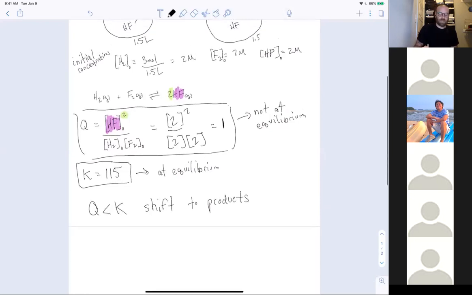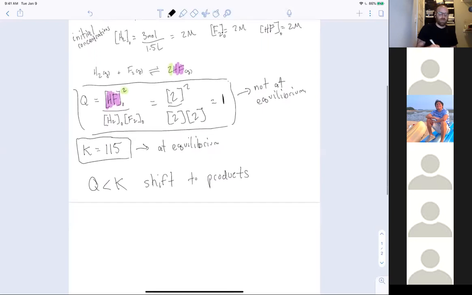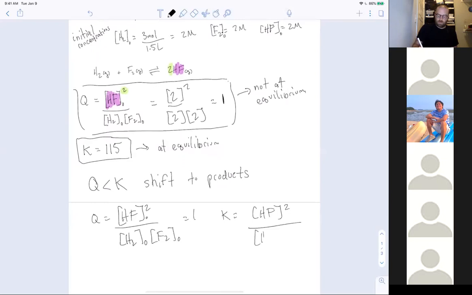But you can get this information just by looking at the math of this thing. If Q is equal to HF, the initial concentration, and that's equal to 1, and K is equal to 115, all you have to think about here is that I've got this expression with the products in the numerator and the reactants in the denominator.